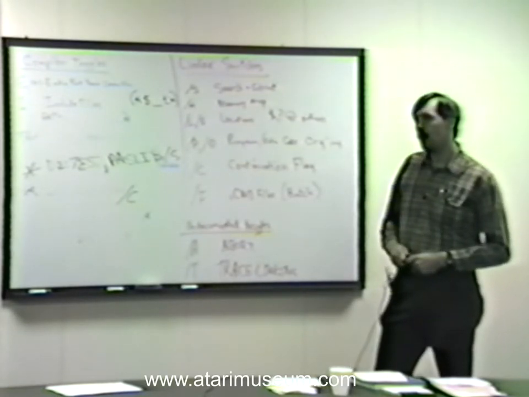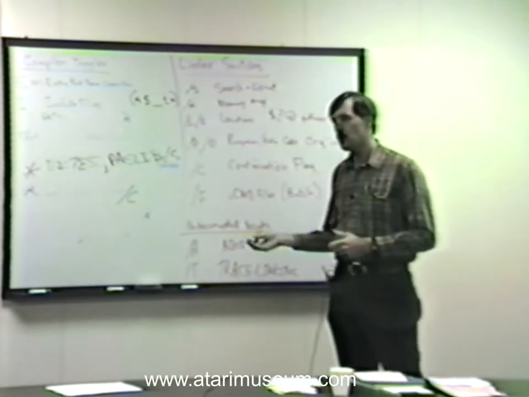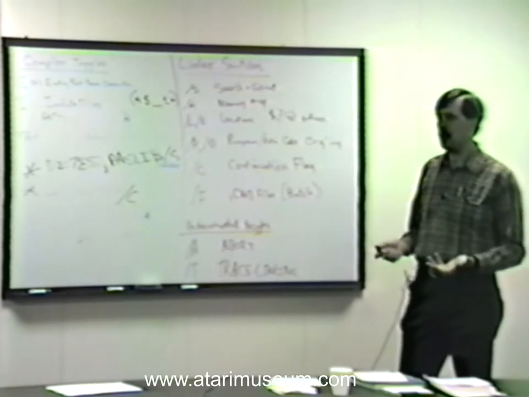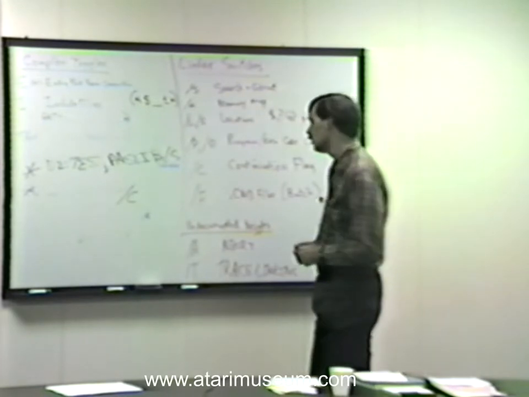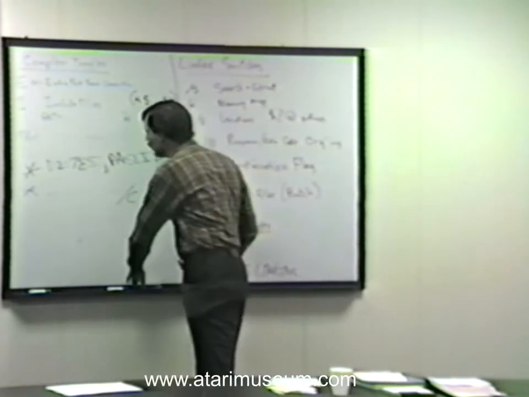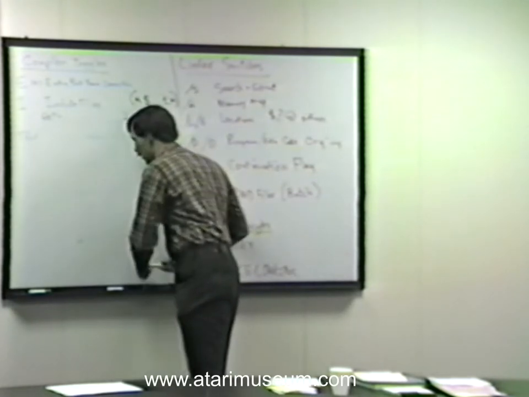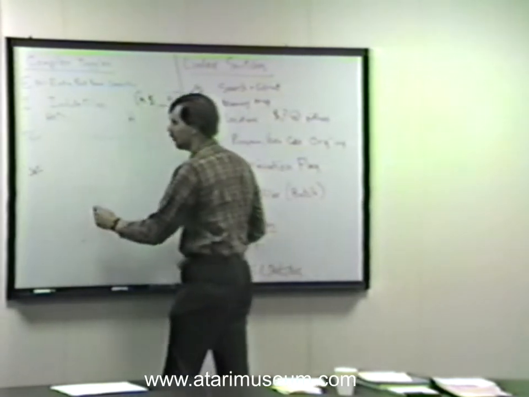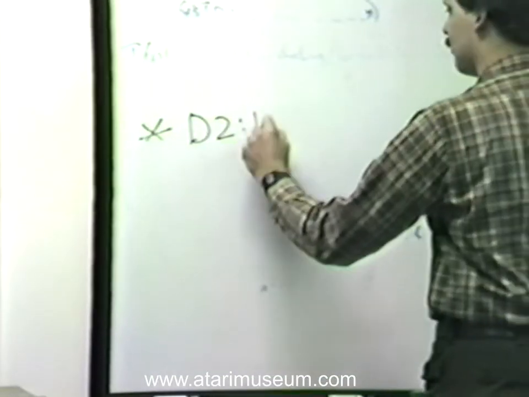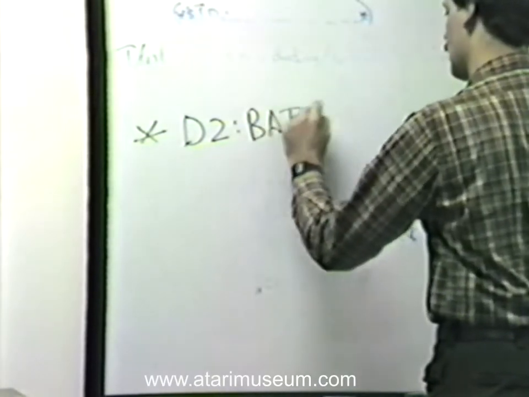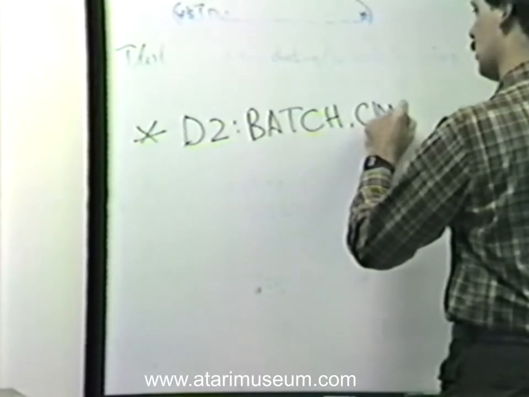How do you give it a name, the file name? Well, what you can do is go into Medit, create your file, and just give it any standard name. How do you do it in typing to the linker? Okay. An example here would be, here's my prompt, and it might be D2: batch.cmd, I believe.